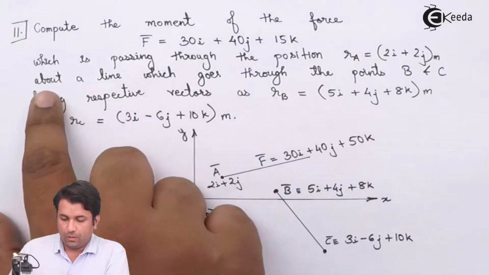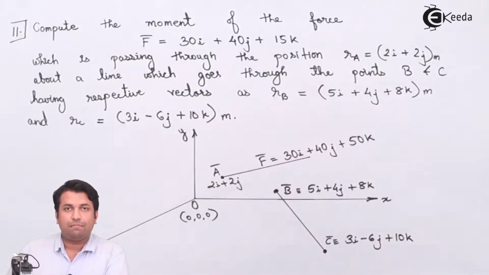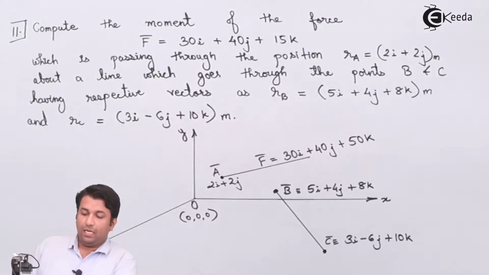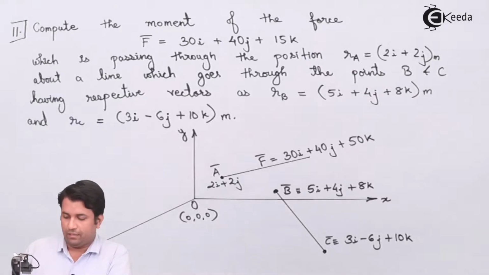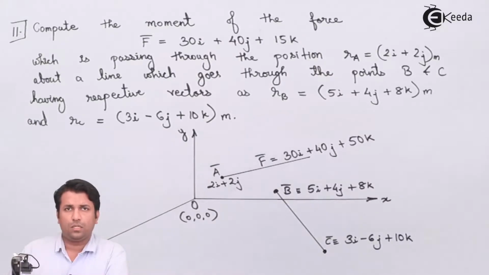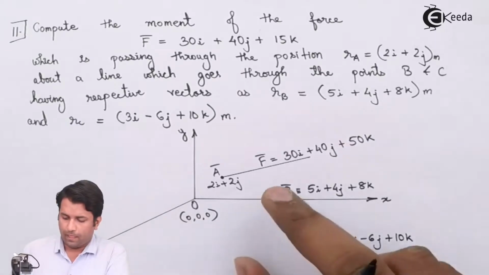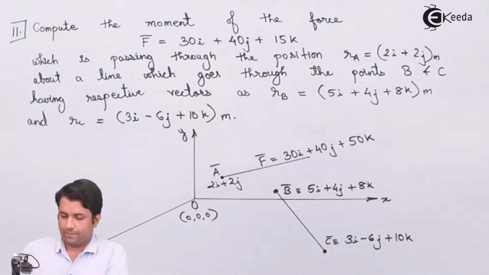Moment has to be found about a line which goes through points B and C, and rather than giving the coordinates, it has given us the position vector. So now what we will be doing is we will try to find out the moment of the force F with respect to the line BC.